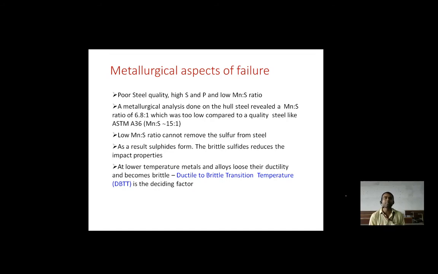So at lower temperature, metals and alloys lose their ductility and become brittle. As I told you, due to the iceberg, the Atlantic conditions were very cold, so the ductile to brittle transition temperature, called the DBTT, came into play.